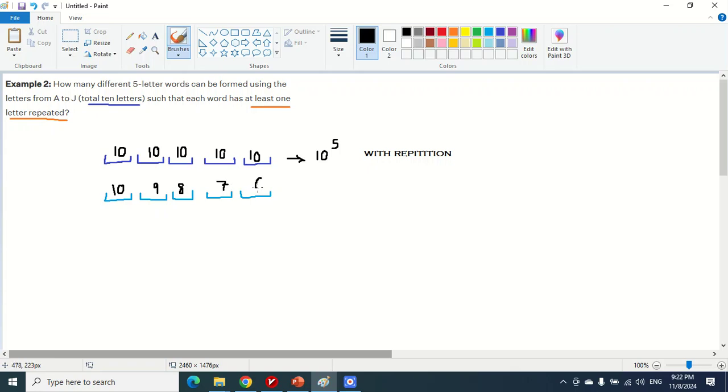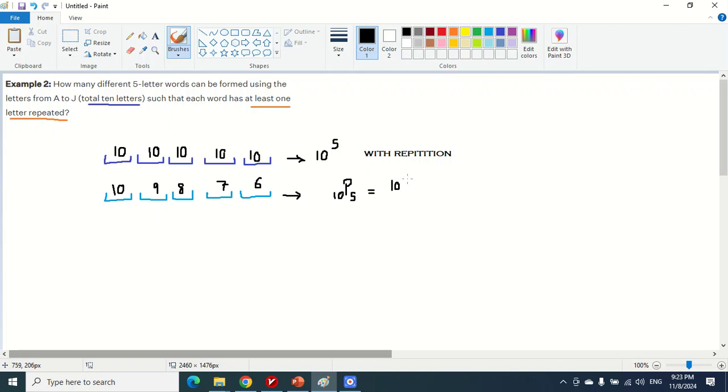As you can see, when one letter is omitted from repetition, we have a smaller value. In other words, we have 10 objects, so it's a permutation of 10 objects placed in 5 locations.